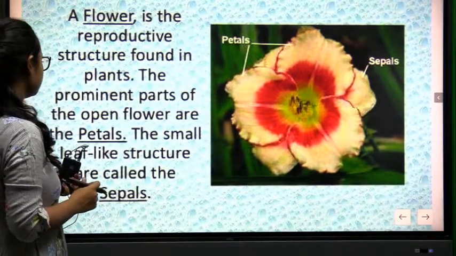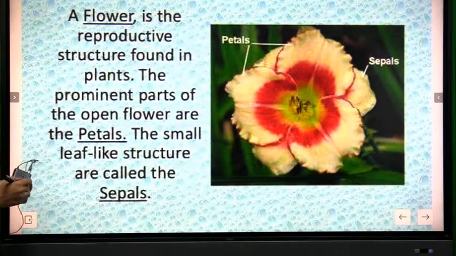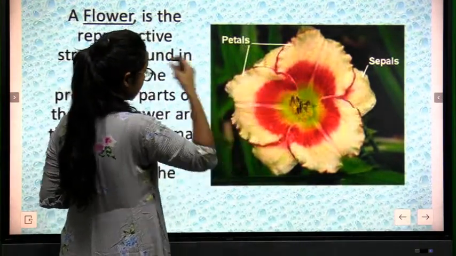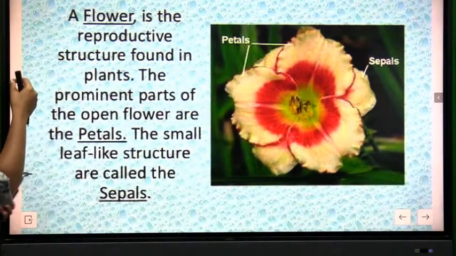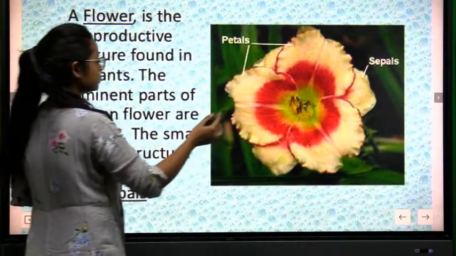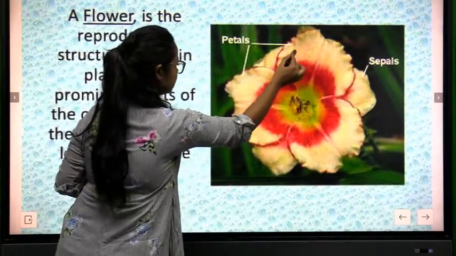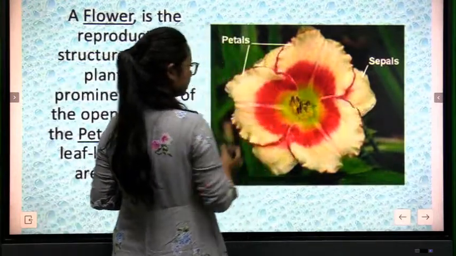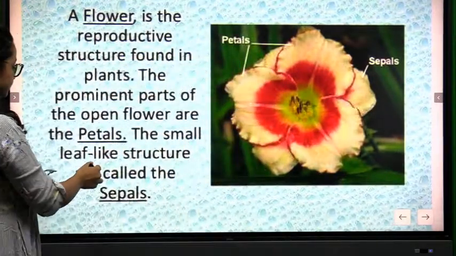The prominent part of the open flower are the petals. You all know what petals are. These leaf-like structures, the open area, are called petals, and the small leaf-like structures are called the sepals.